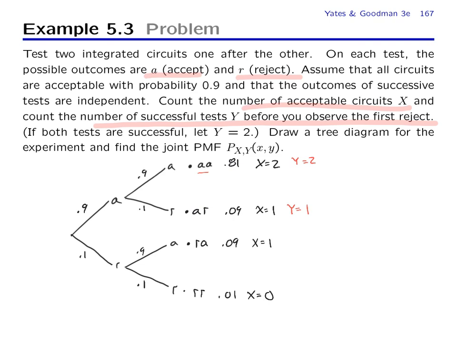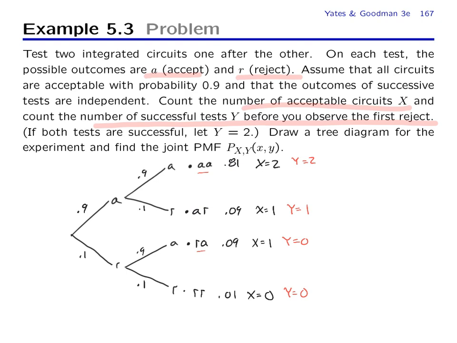When the third outcome, which was the first test is a reject and the second is acceptable, well, we observed 0 successful tests before the first reject because the first test was a reject. So y is equal to 0. And finally, when both are rejects, y is again equal to 0 because we observe 0 acceptable tests before the first reject. This is pretty tedious, but if you just simply focus on what the definitions are, you're able to write down what these quantities are.